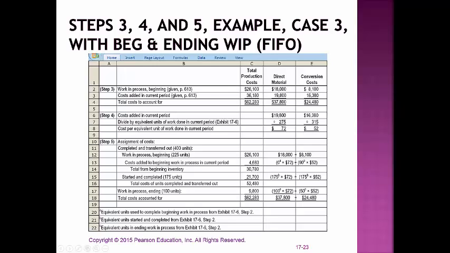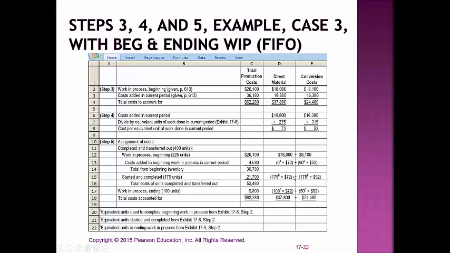Next, we take those 175 units that were started and completed in this same period, using their equivalent units. Remember, it's started and completed, so they got 100% of their direct materials and 100% converted, and that's why this is 175 equivalent units on both of these, times the 72 per unit and times the 52 per unit.